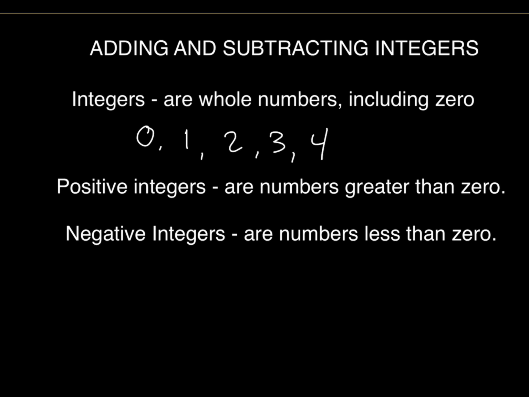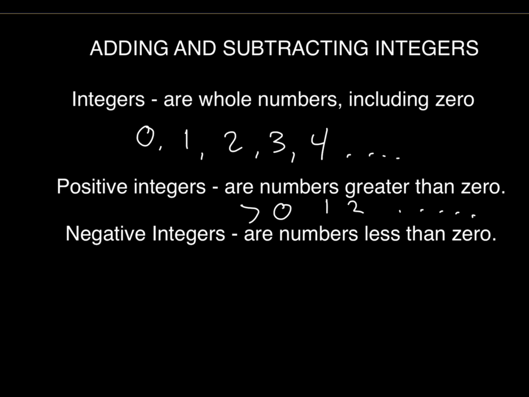But take note that we have two types of integers. It may be positive integers or negative integers. Positive integers are numbers greater than 0. That means those numbers are 1, 2, 3, and so on, up to positive infinity.